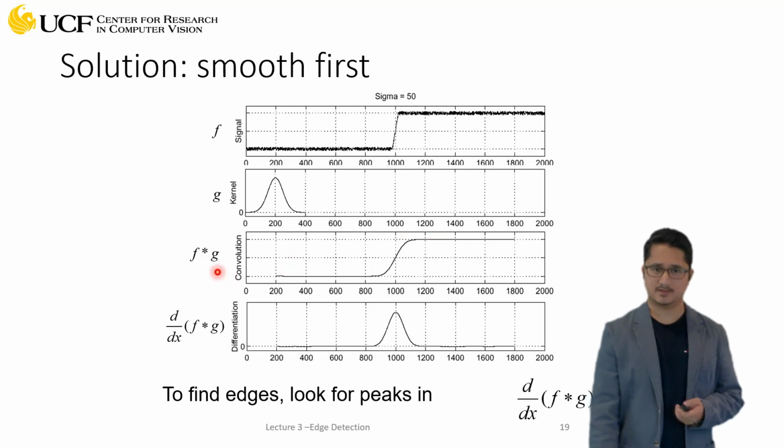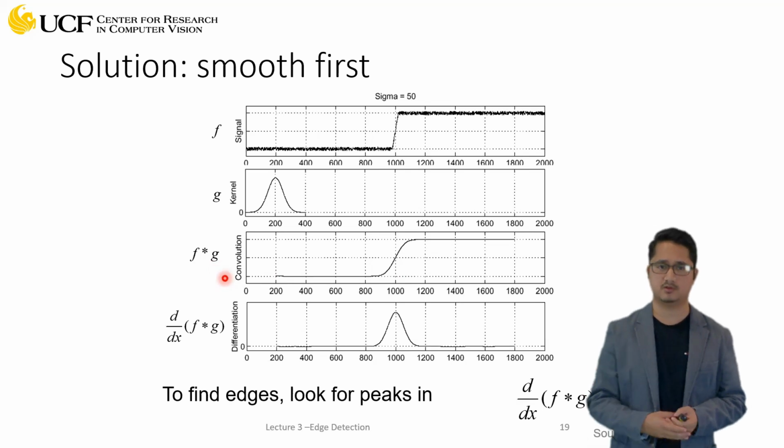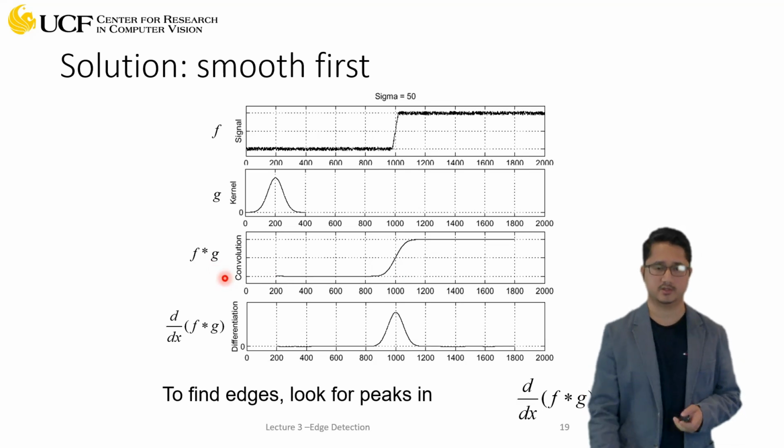Now, there is some optimization which you can perform here, and we'll talk about optimization a lot when we talk about filtering or edge detection later on. If you look at this operation, this is a filtering, or you can say correlation operation, and you're computing the derivative of this function.